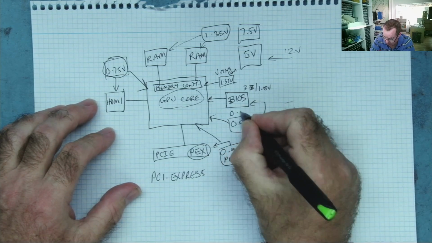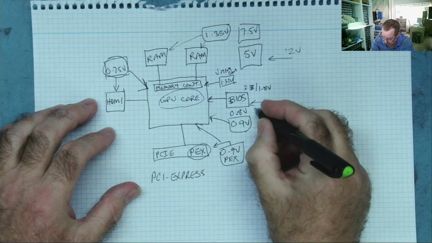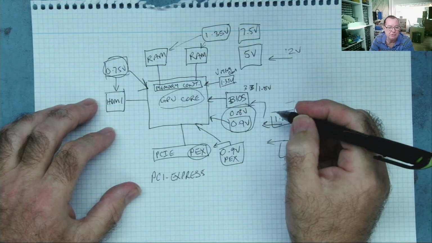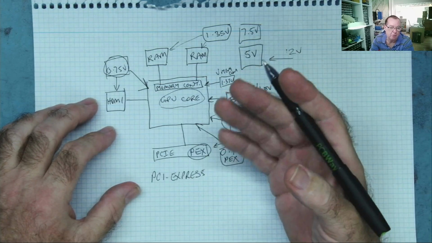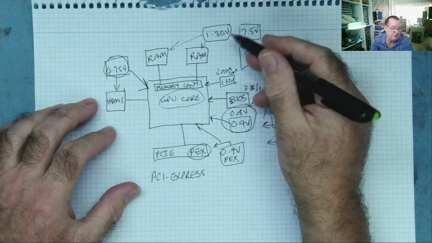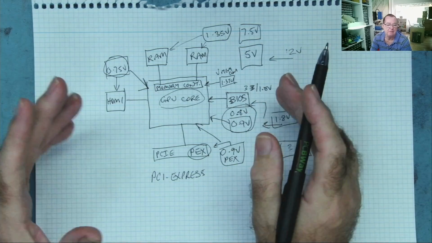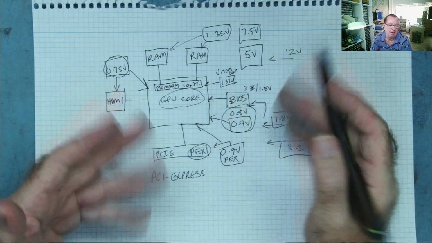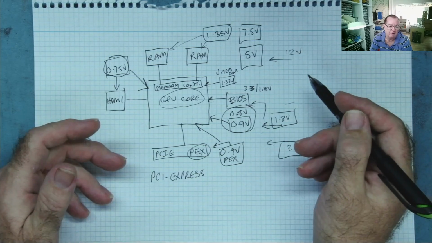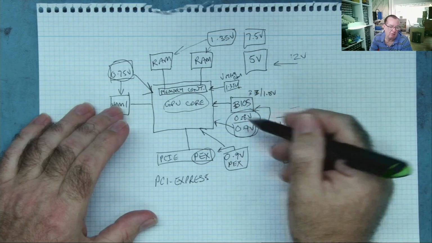It'll go down to about 0.8 volts or 0.8 something volts. So don't be surprised to see that voltage change when the card boots up and the drivers load. And the same with the RAM. This will change, and you'll see that change a little bit as well. That's normal. So that's not like the thing's drawing more power so the voltage drops, at least not always, yeah. So just something to be aware of.